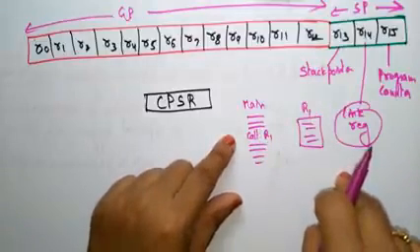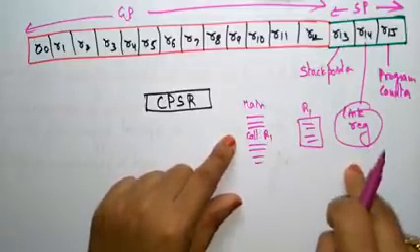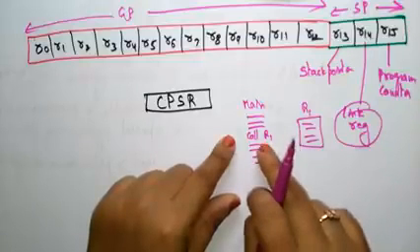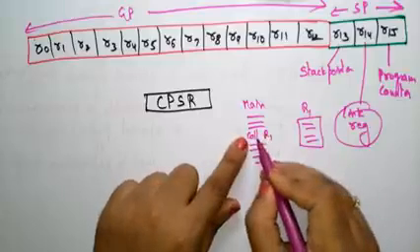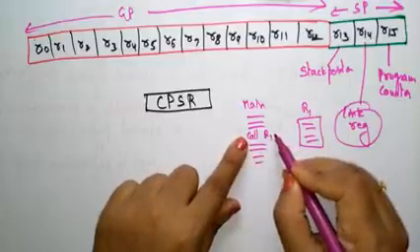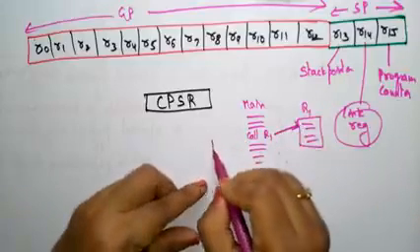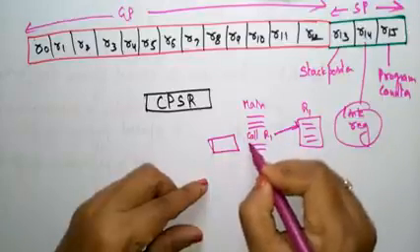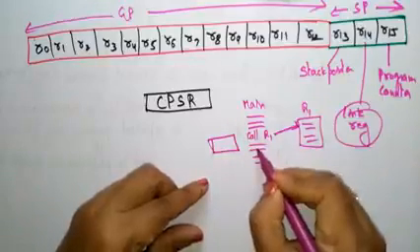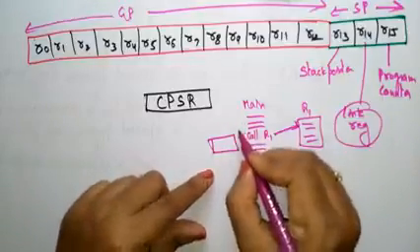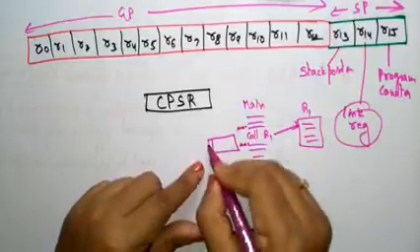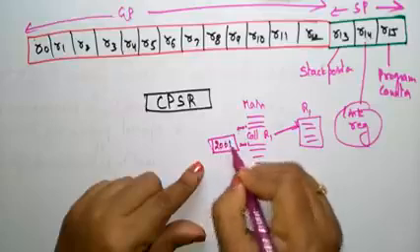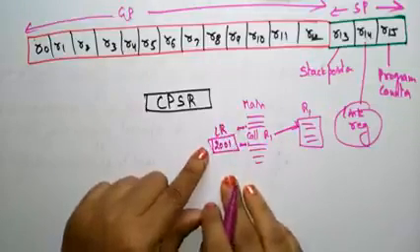In the link register, what type of data will be stored? When the subroutine is called, the return address is stored in the link register. Before going to R1, it stores the address. Let's take this is 2000, then 2001; the 2001 address will be stored in the link register.